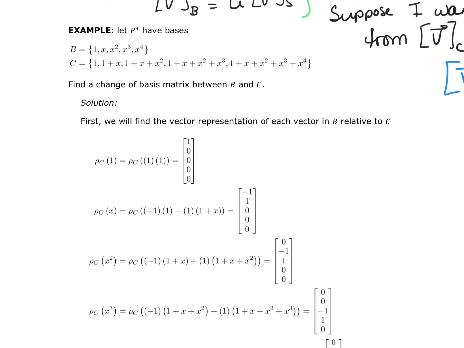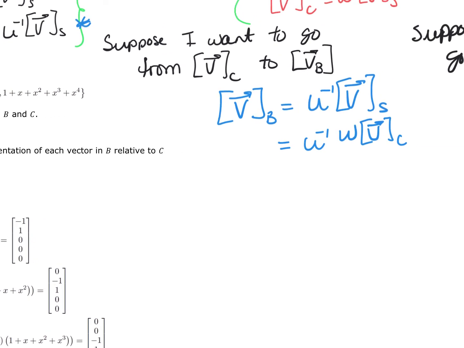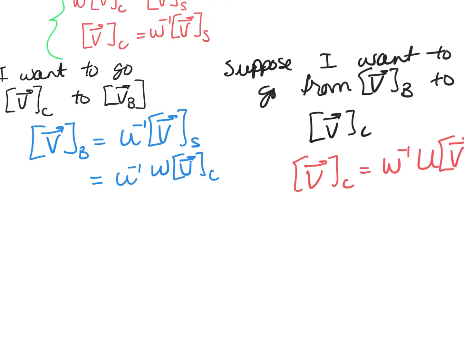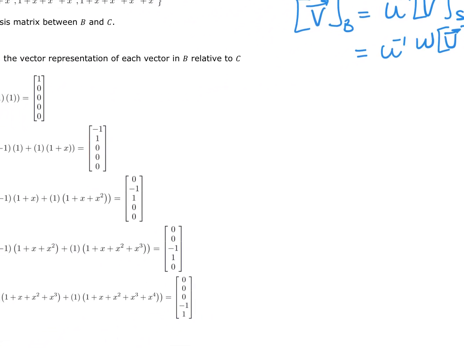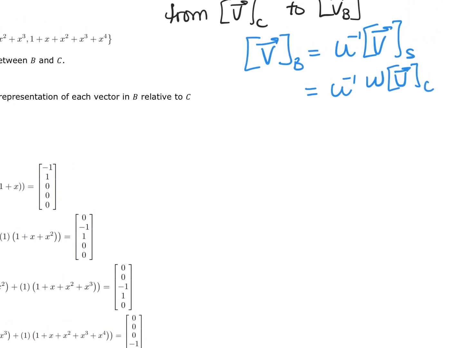The way I'd do that, without doing all of these vector representations, is I would have used this one right here. I want to go from B into C, so I'm going to use that. Go B relative to C.